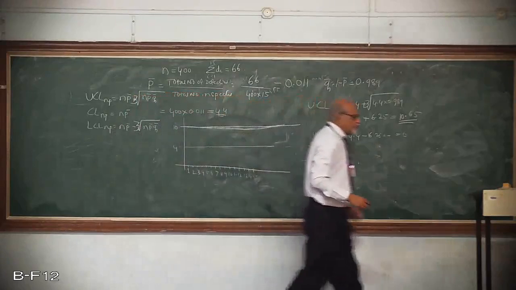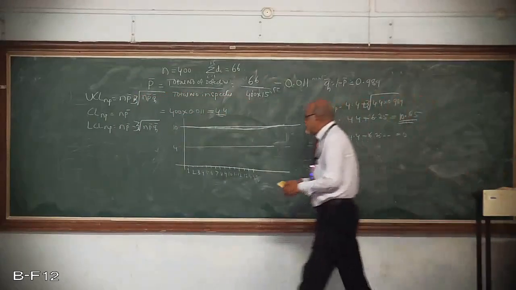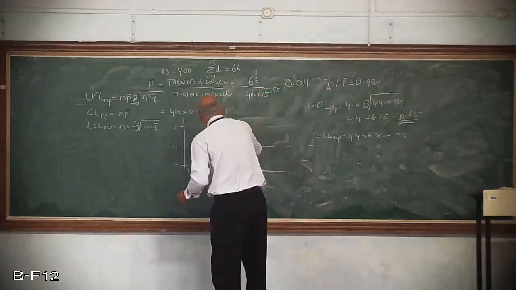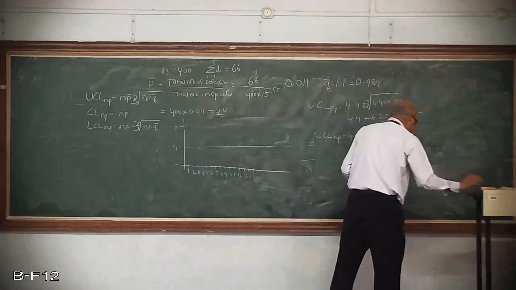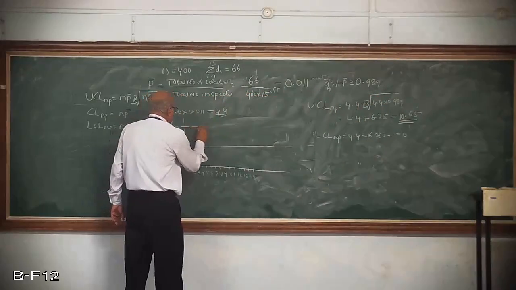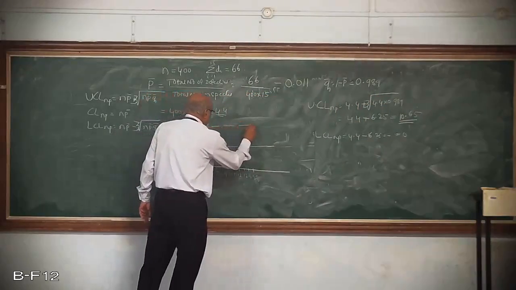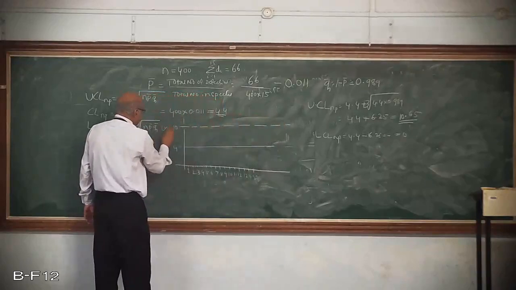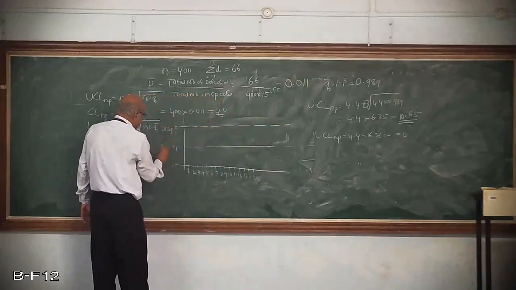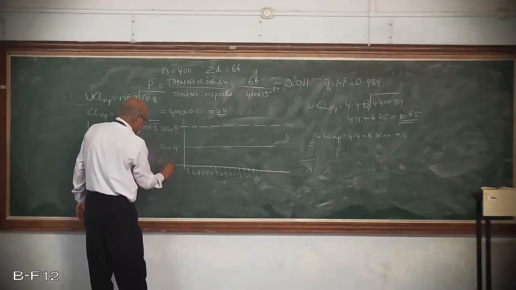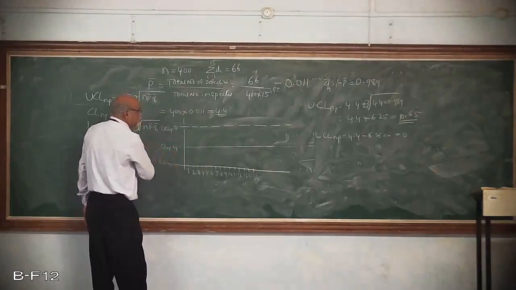So I should have drawn this one as a dotted line. So this is the upper control limit, NP chart, central line, lower control limit. This is equal to 0.